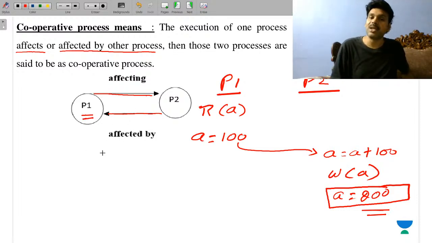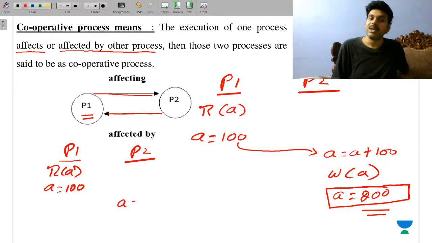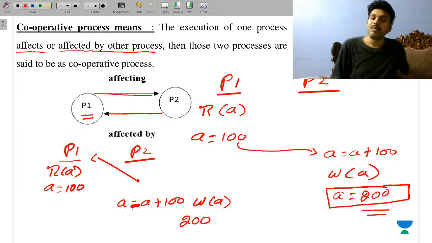In the reverse way, if I take an example like this, P1 and P2, I say R of A, and A is equal to 100. Please understand carefully. So I am saying A is equal to A plus 100, and W of A. We know that P2 is trying to affect P1, but one more time P1 preempts P2, and I said abort.